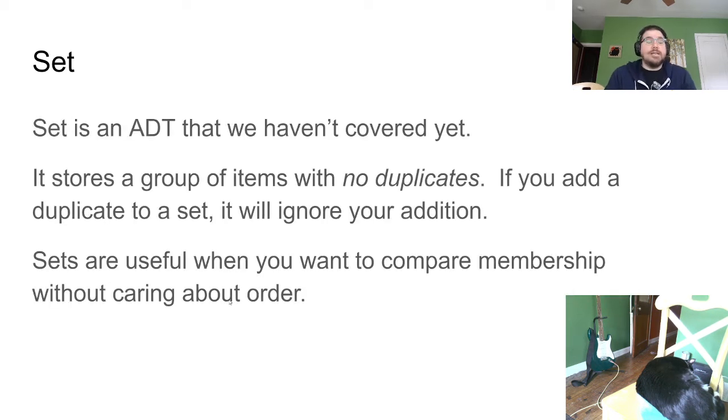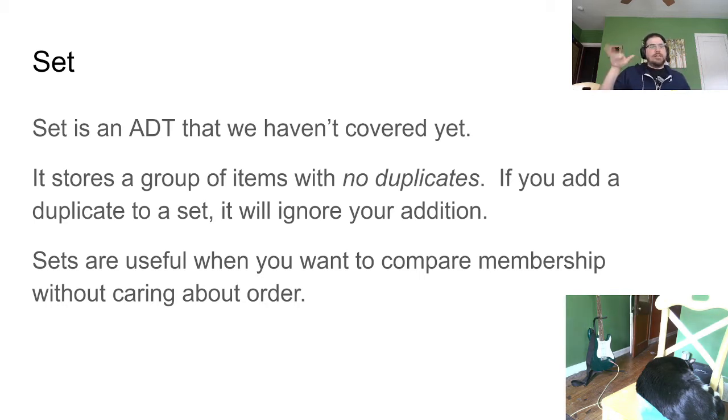So I just want to take a second to talk about sets. That is an abstract data type. Actually, we kind of glossed over this point last time, and I do like to make this distinction. We refer to data structures in two ways.